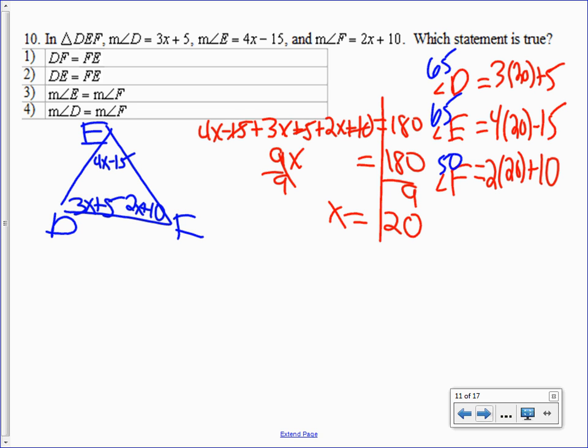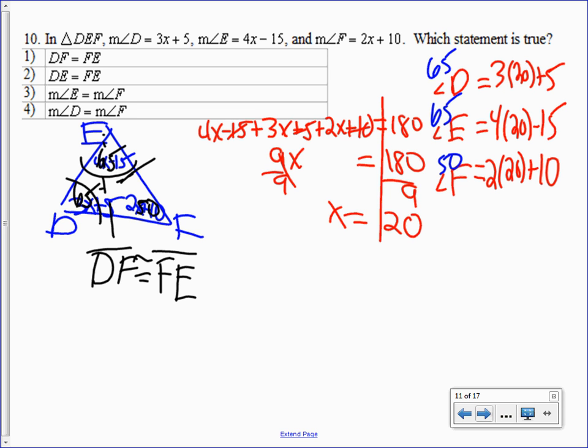So let's put that into the picture now. We've got D is 65, E is 65, F is 50. If these angles are the same, then the sides opposite them are the same. TF must be congruent to FP. Choice 1 is your answer.